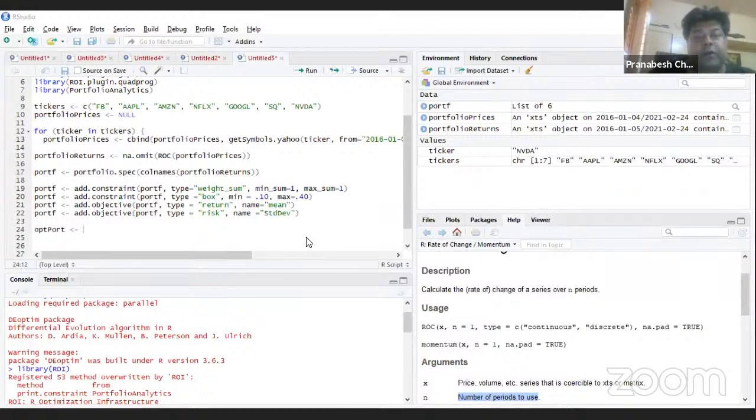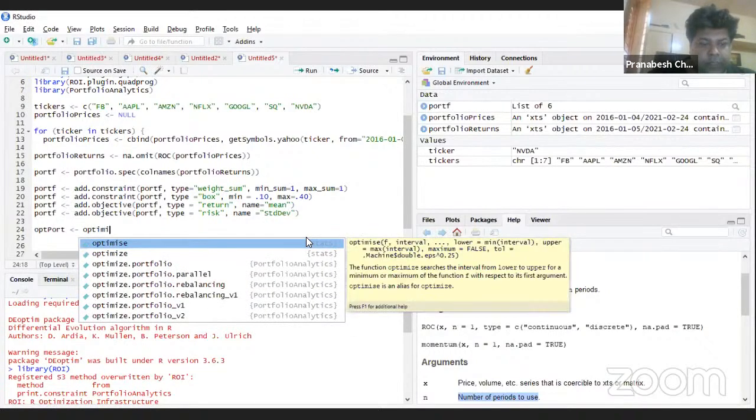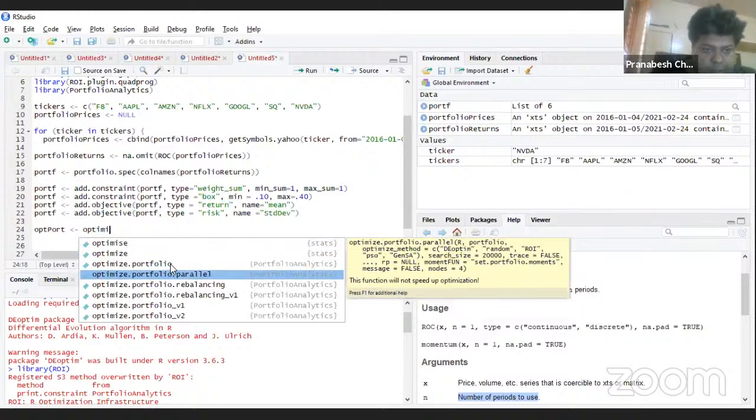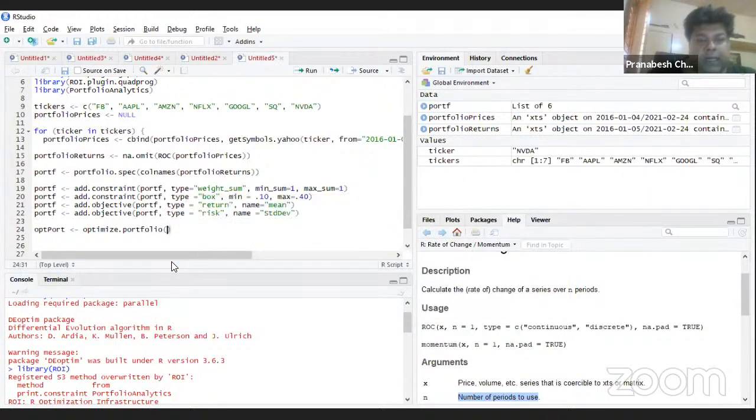We will invoke a function called optimize.portfolio. Optimize.portfolio has come up. Now what are the parameters that I am going to pass here? The first parameter is the portfolio returns. The second parameter is portf.